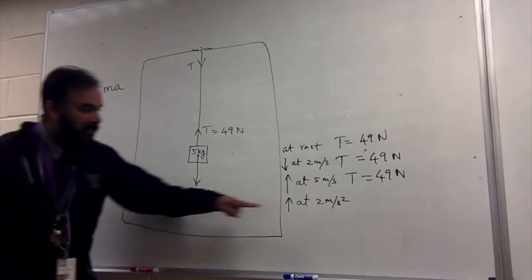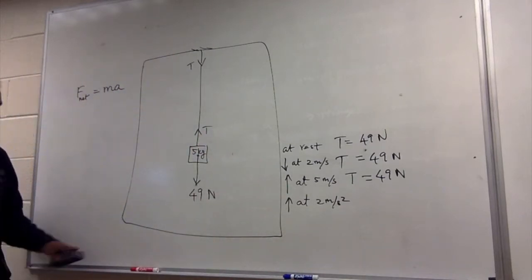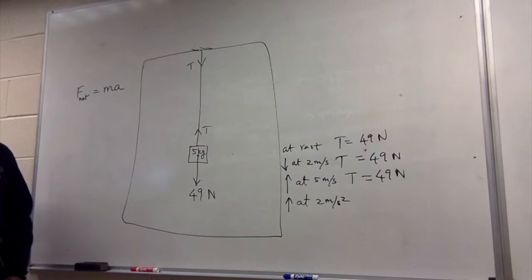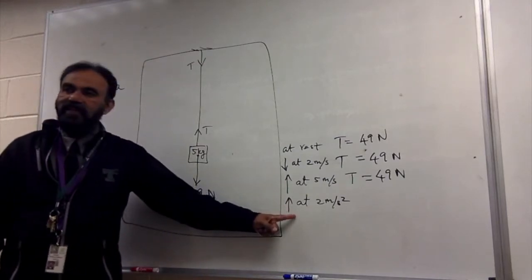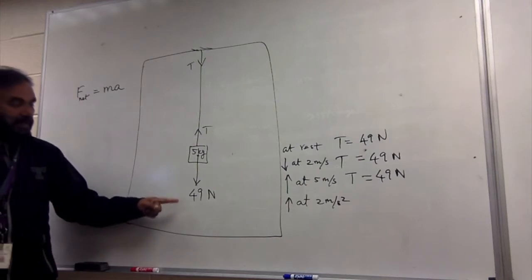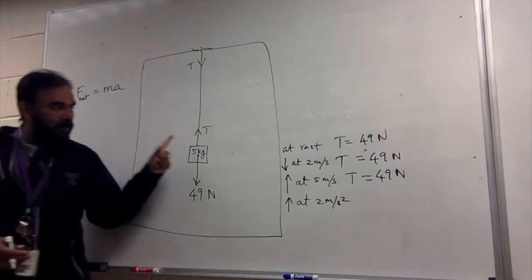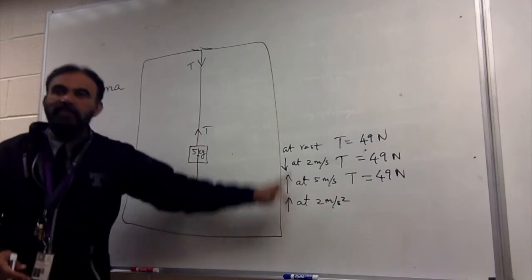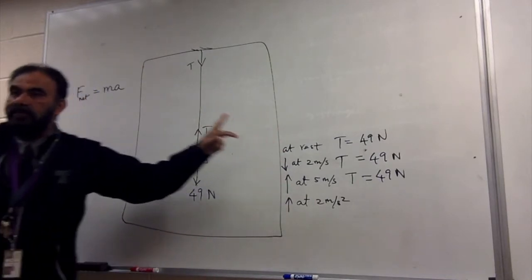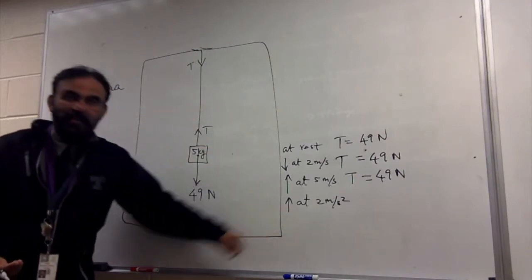So for this particular situation, T, you don't know. But then you have to look at it this way. Which way is it accelerating? So which one do you think logically is bigger, this or this? Why? Because the net force has to be in the upward direction if it has to accelerate in that direction.